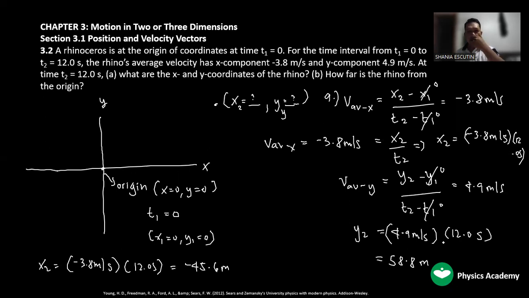That is basically our coordinate. So y is positive 58.8 meters, and x is negative 45.6 meters.